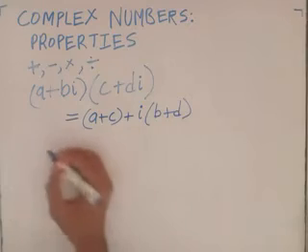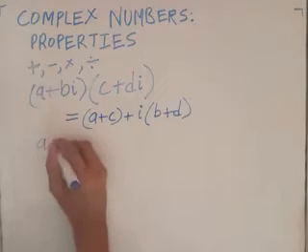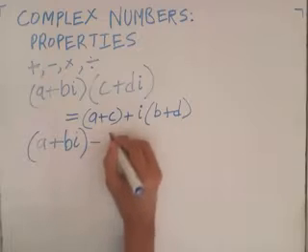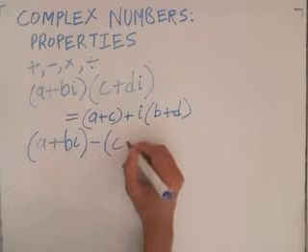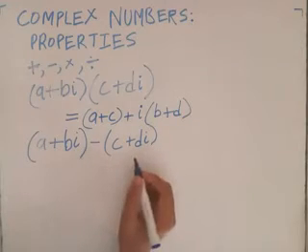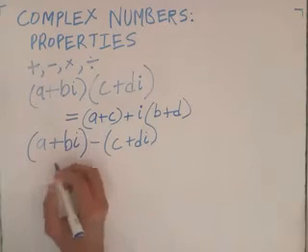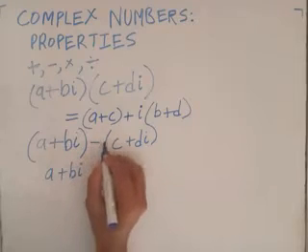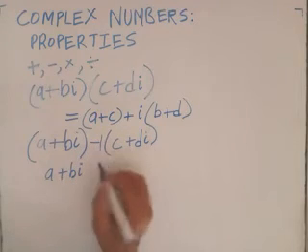The same thing applies for subtraction. So let's say you have two complex numbers. This is the first one and this is the second one. Just like how you would subtract two real numbers, you just expand out the bracket. So you can think of this as minus 1 times this.